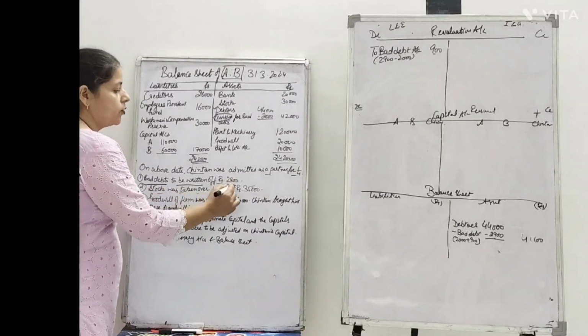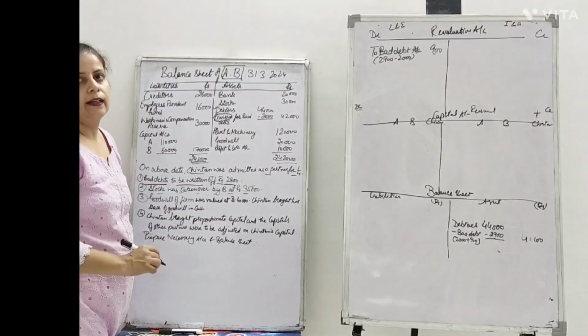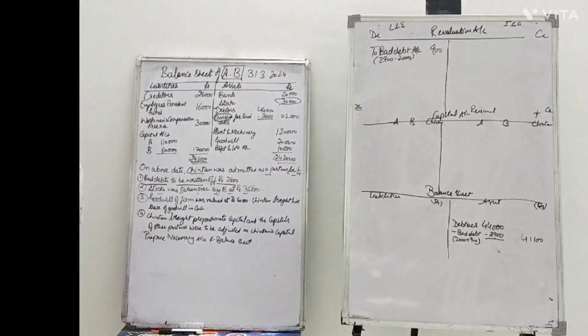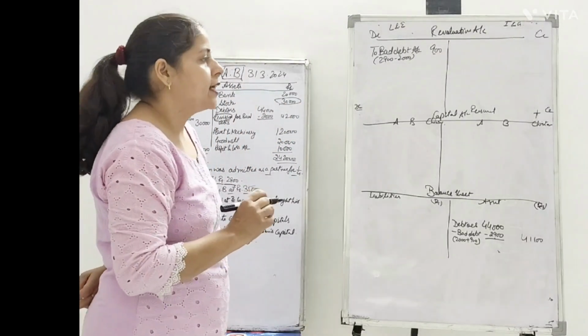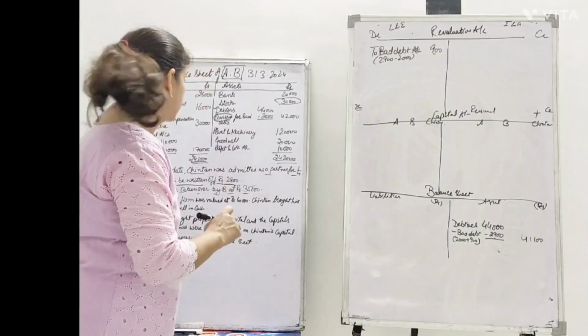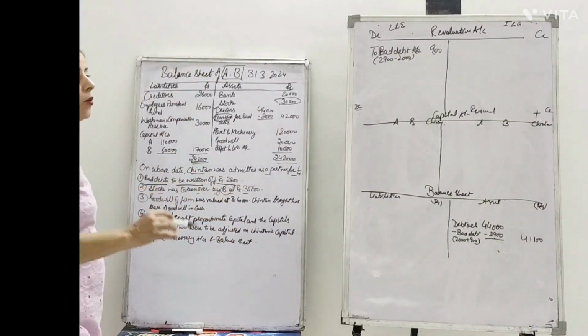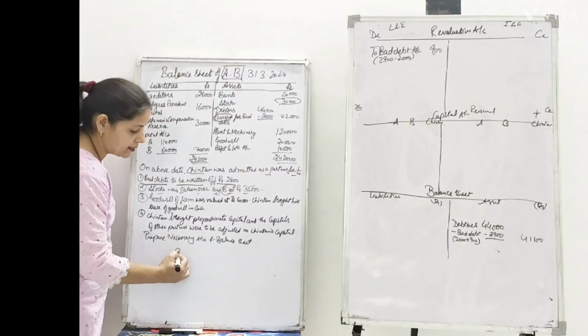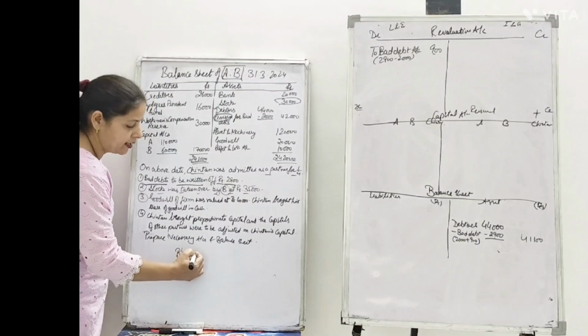Stock was taken over by B at rupees 35,000. In the balance sheet, stock was lying at 30,000. Now who took over the stock? That is B. So as per the accounting rules, debit the receiver. Who is the receiver here?